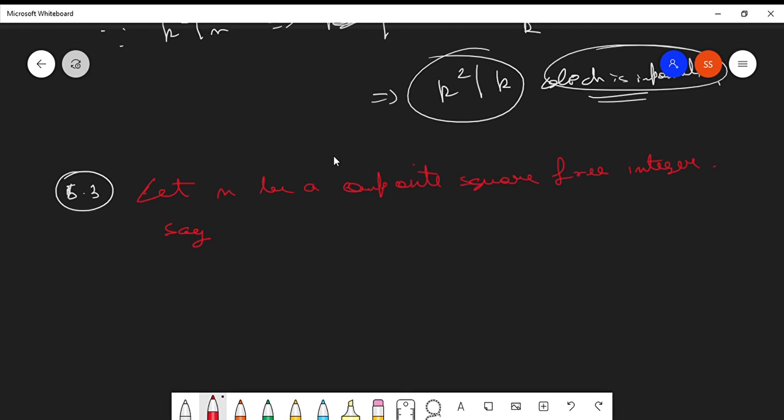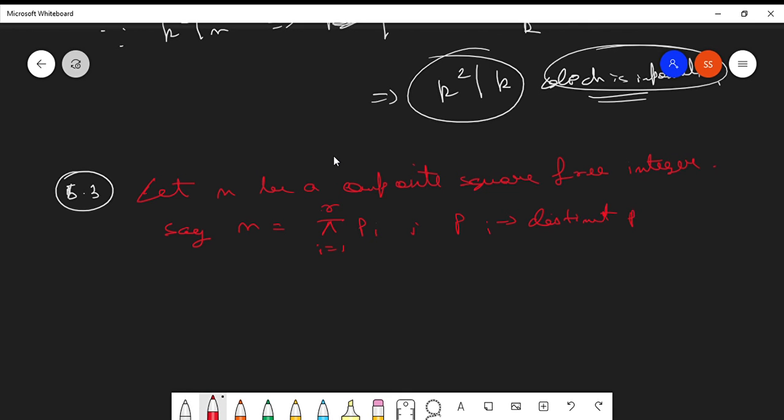Say n is equal to the product of prime factors pi from i equals 1 to r, where the pi's are distinct primes.